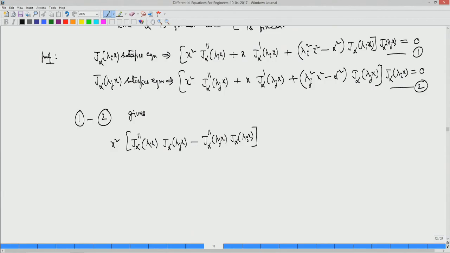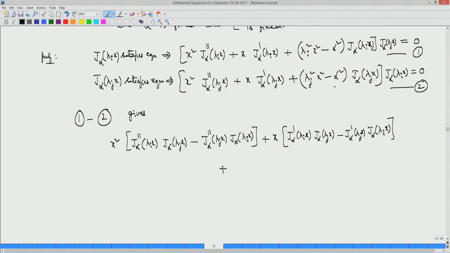This is what you get, plus x times again here, j alpha dash of lambda i x j alpha of lambda j x minus j alpha dash of lambda j x into j alpha dash of lambda i x. That is the difference, plus alpha square, this will be 0 because both are the same.